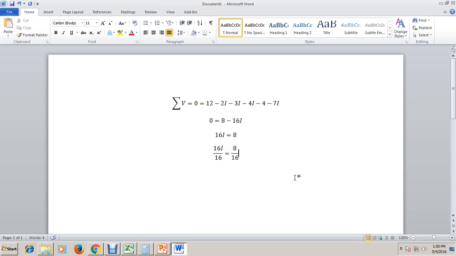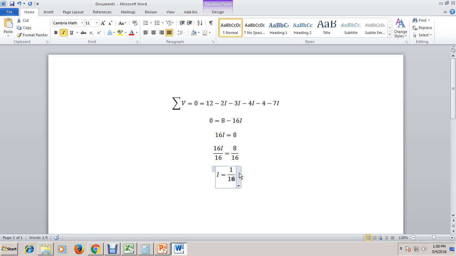Dividing both sides by 16, the 16 would be cancelled. So what is left here would be the solution for I. Of course, 8 over 16 could be reduced to lowest terms by dividing both sides by 8.